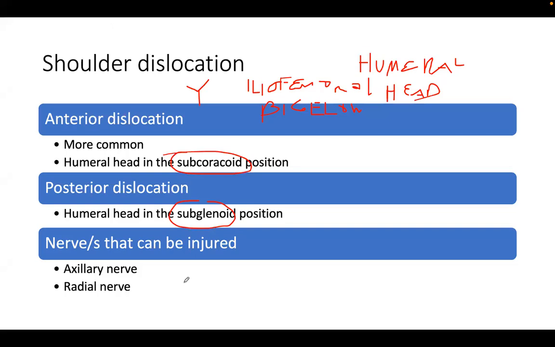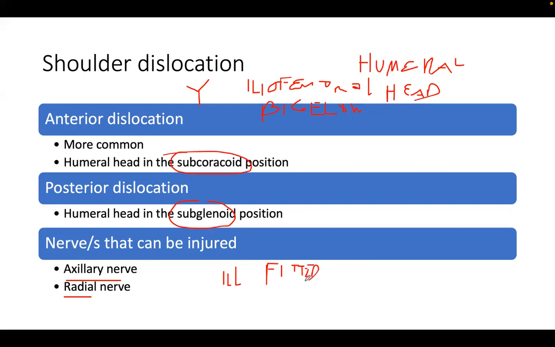So going back to the shoulder, if the shoulder is dislocated, what nerves can be injured? It's axillary and it's the radial nerve. Okay, now question. Ill-fitting crutches. That is the exact word in the book.